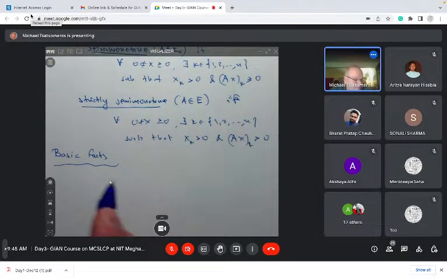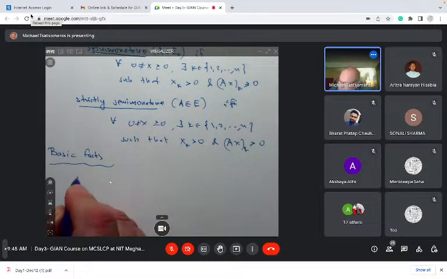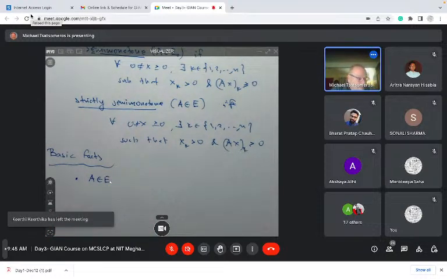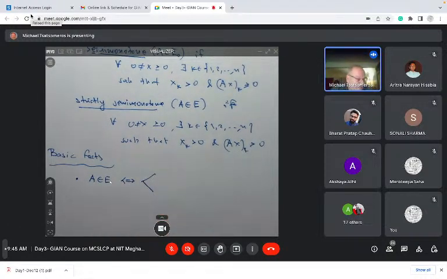So I will try to stick to the strictly semi-monotone matrices. For everything I say, I'm sure there is a version for the semi-monotone, but let's stick with E in the interest of finishing today. So A being a strictly semi-monotone matrix is equivalent to two things happening at the same time.